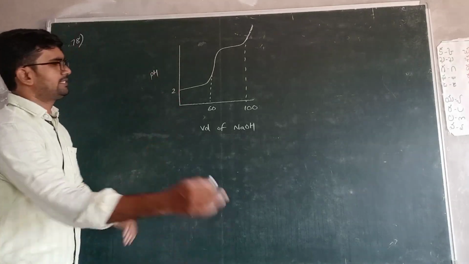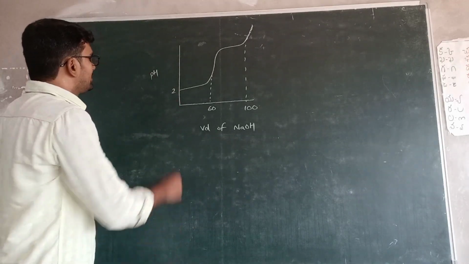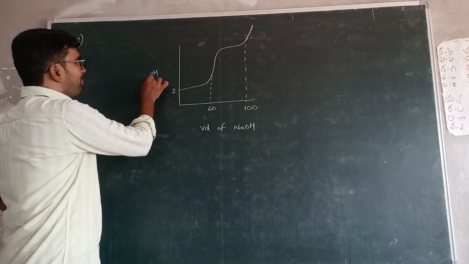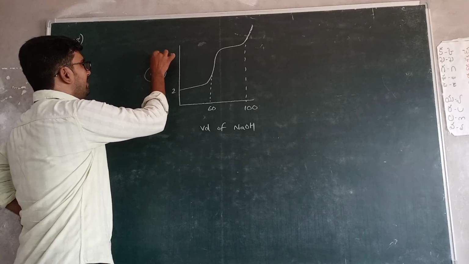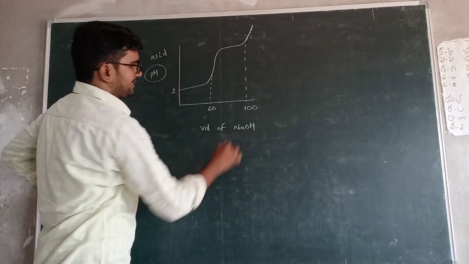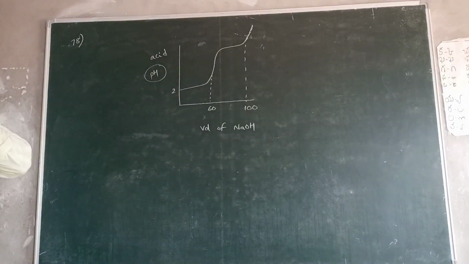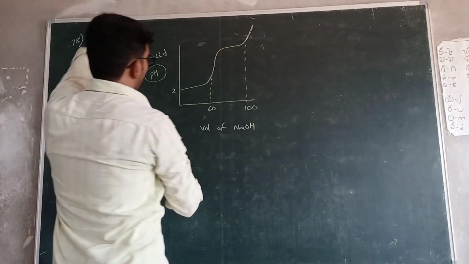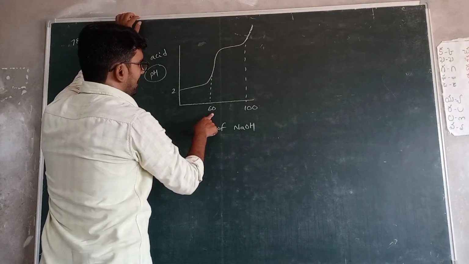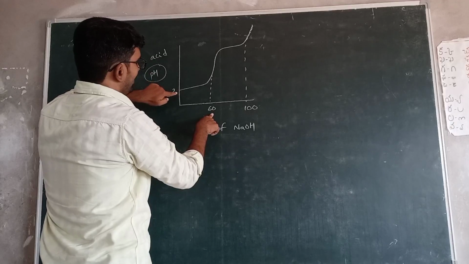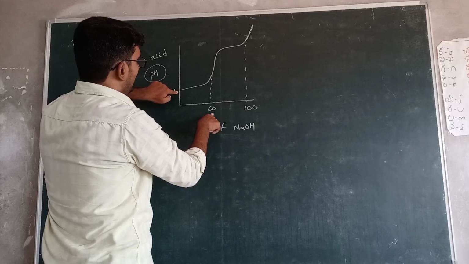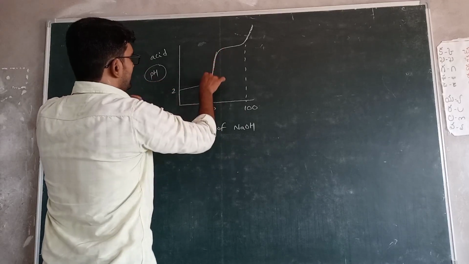Now see the 78th one. In this one, a graph is drawn of pH, where H plus concentration is acid, versus base. At 60 ml of NaOH, one straight line is coming.